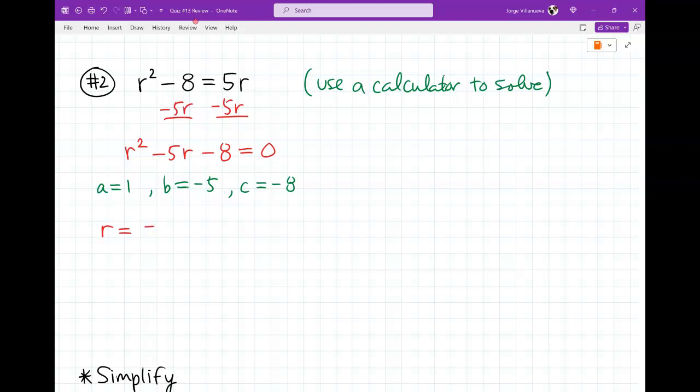So negative of b, that's negative 5, plus or minus the square root of b squared, that's negative 5 squared, minus 4 times a times c, so a is 1, c is negative 8, all over 2a, so 2 times 1. So there's all my values.